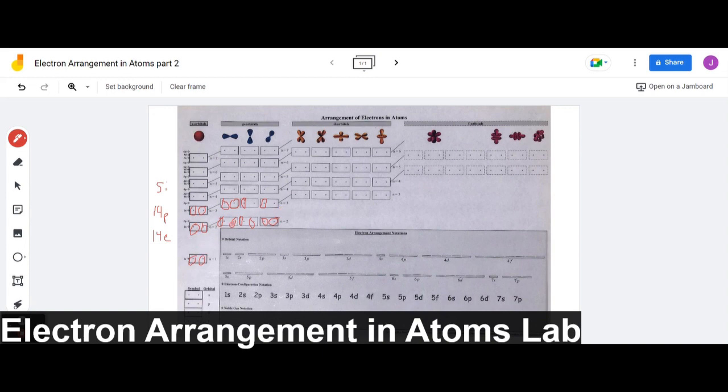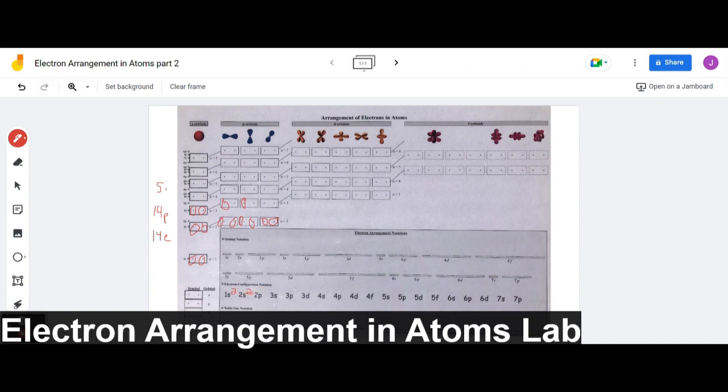Oh, okay, I went further than I needed to here. Sorry. Let's take that back just a step. Now I'm counting carefully. There are 14 circles, only 2 of which appear in the 3p sublevel. Okay, now let's correct that.